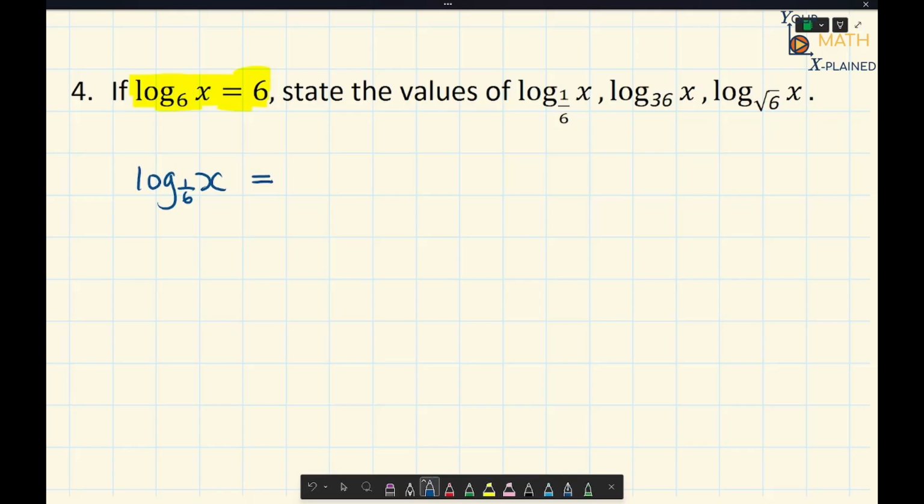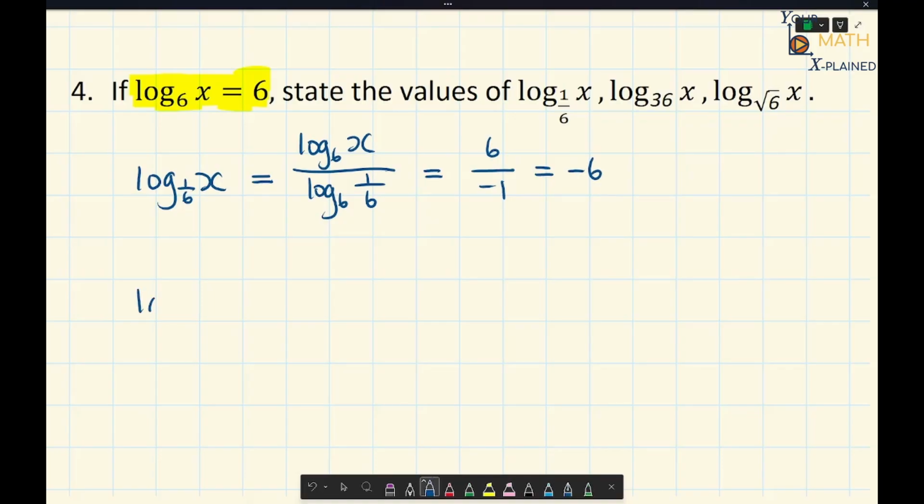So we can write this as log base 6 of x divided by log base 6 of 1/6. Our numerator is just equal to 6 because that's what we're given. And our denominator is going to be equal to -1 because 6 to the power of -1 is going to give us 1/6. So therefore, this is equal to -6.